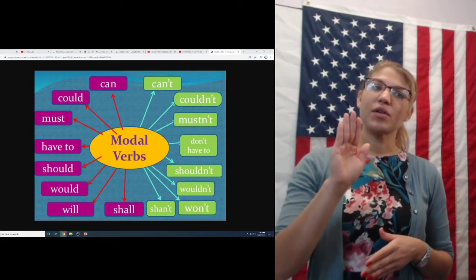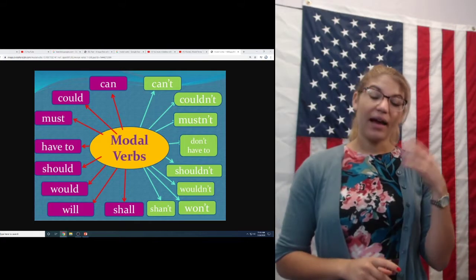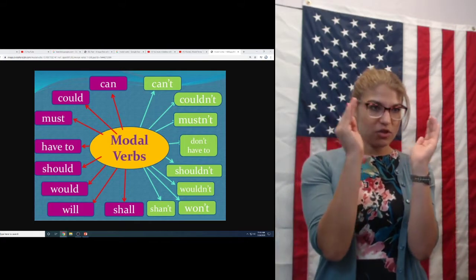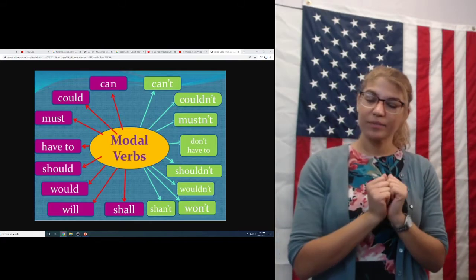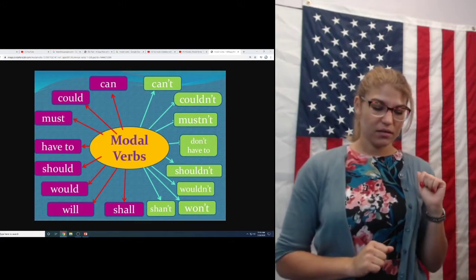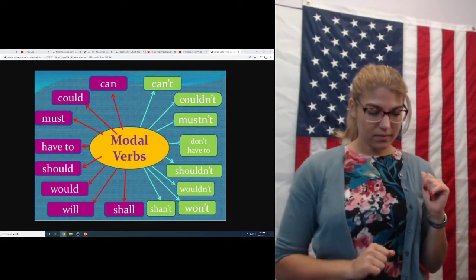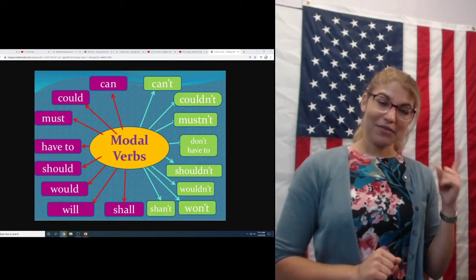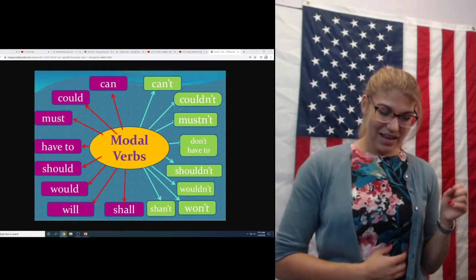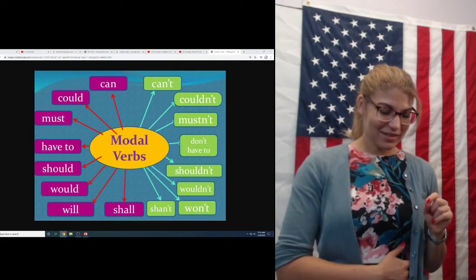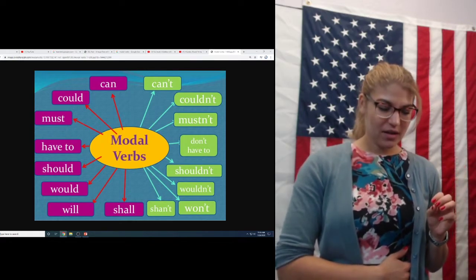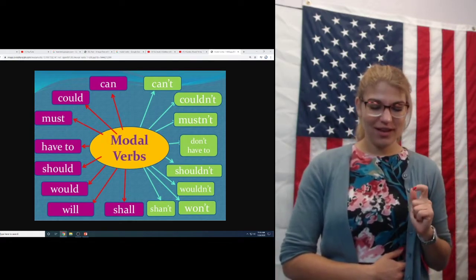And on the other, we have our negative. I can't. That's the contraction. Cannot, can't. I couldn't. I mustn't. I don't have to. I shouldn't. I wouldn't. I won't. I shan't.